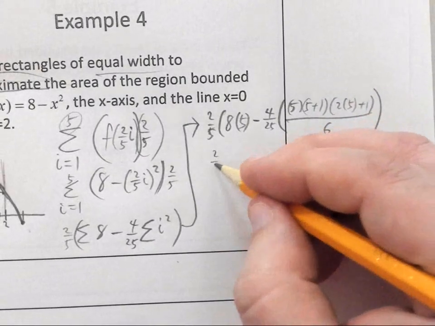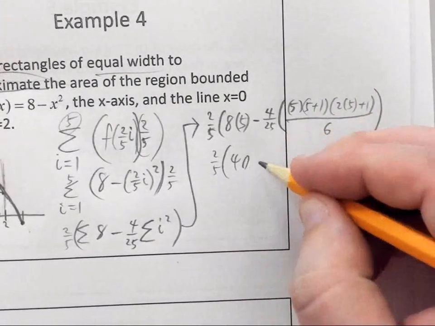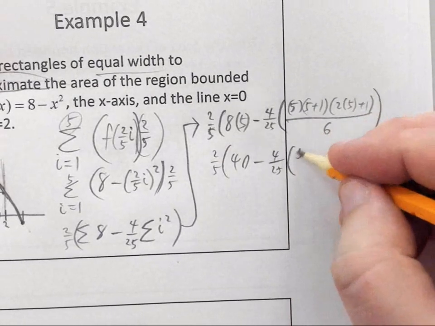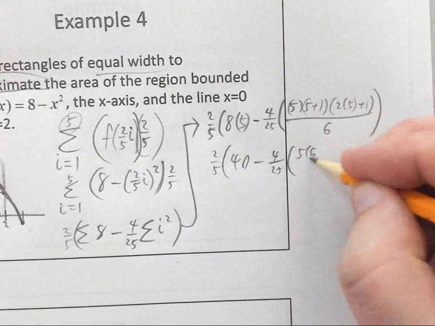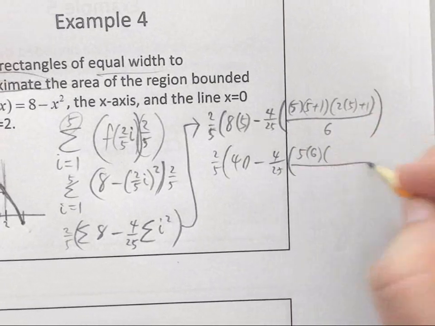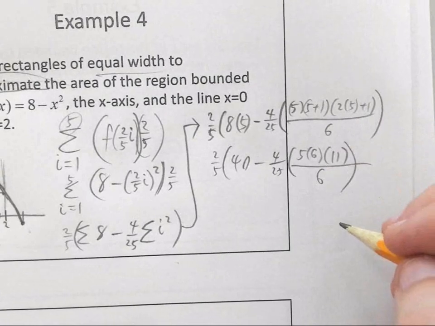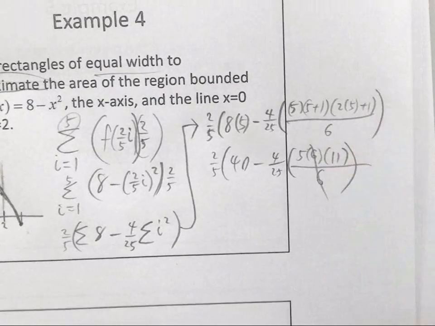Simplify that. 2/5 of 40 minus 4 over 25. Here I'm going to have 5 times 6 times 11. The nice thing is, because you're over 6, what's going to happen?